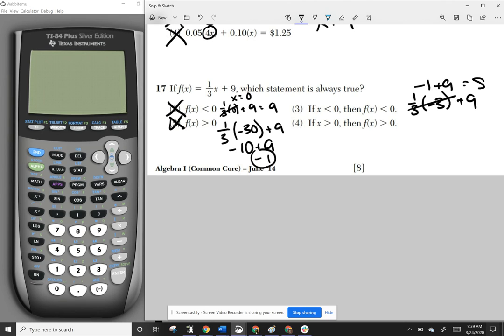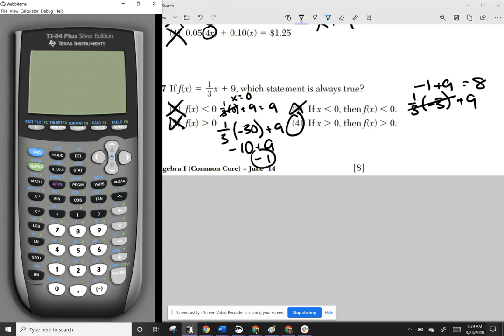And negative 1 plus 9 equals 8. So we have an x value that's less than 0, but a function that is greater than 0. So it's not 3, so it has to be 4. If x is always greater than 0, the function will always be greater than 0.